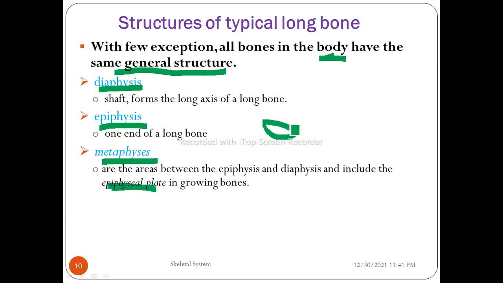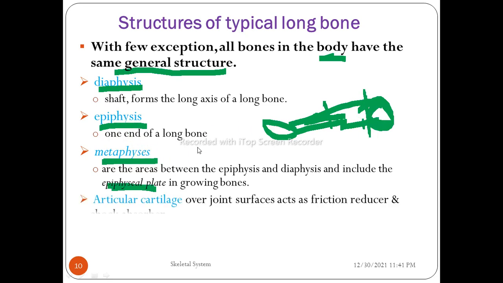So this is, for instance, a long bone. This shaft is considered the diaphysis, whereas the end is considered the epiphysis, and between the diaphysis and the epiphysis there is a narrow constricted part. This constricted part is known as the metaphysis. Articular cartilage over the joint surface acts as a friction reducer and shock absorber.